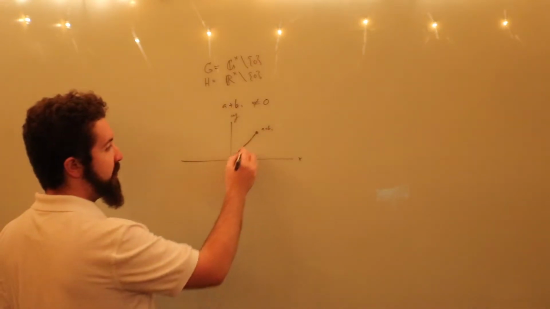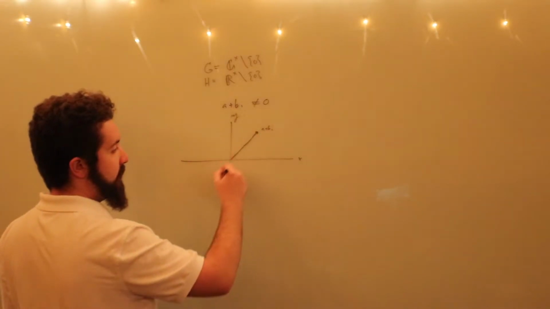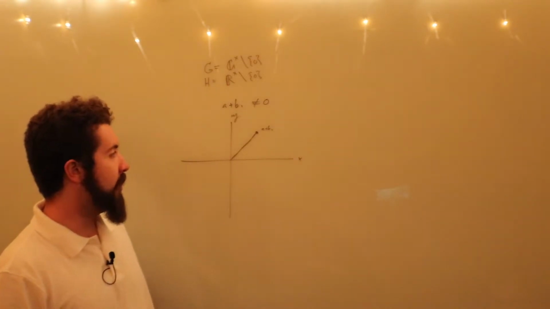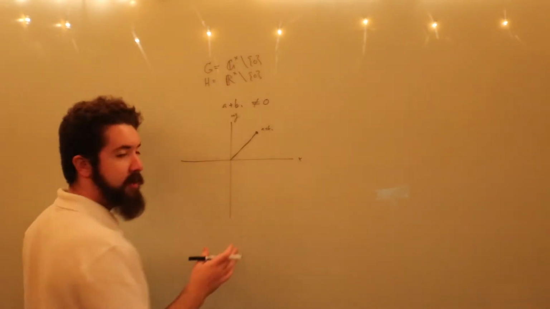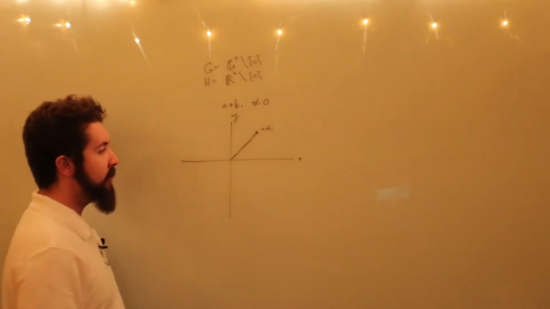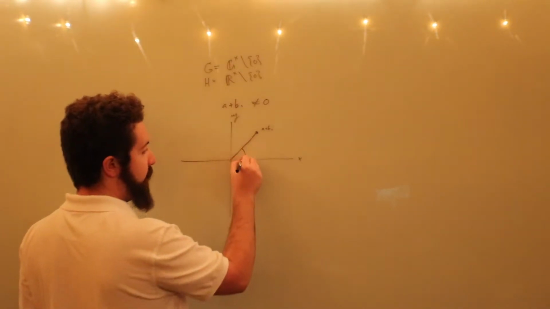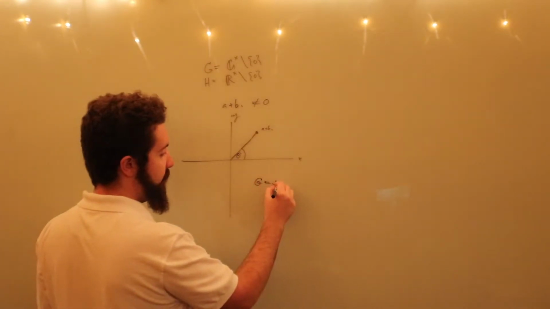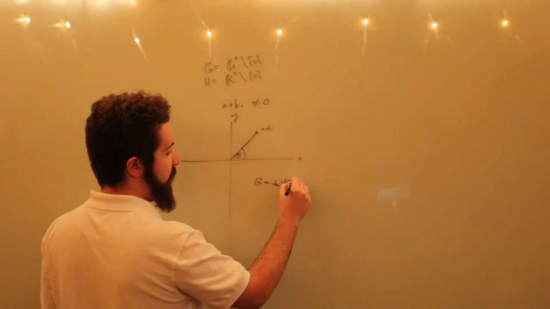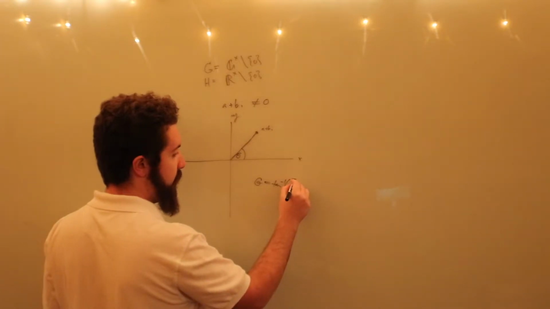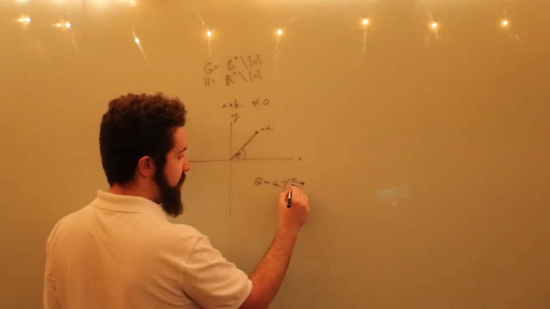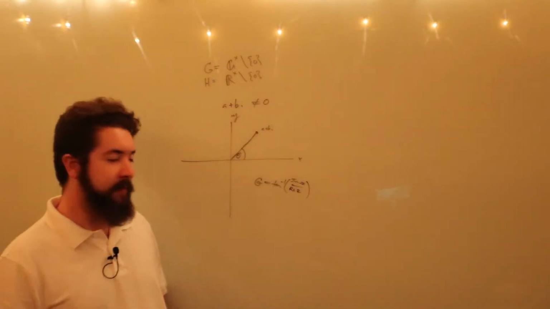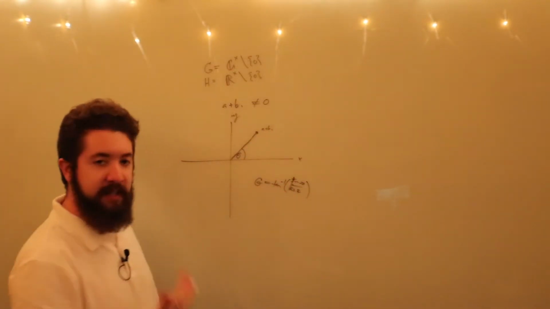What happens if we multiply this by any non-zero real number? Well, you're going to end up with something which has the same angle. If you recall, the angle made with the x-axis is equal to the inverse tangent of the imaginary coordinate over the real coordinate. If you scale them by the same amount, those factors are going to cancel out and it's going to remain the same.